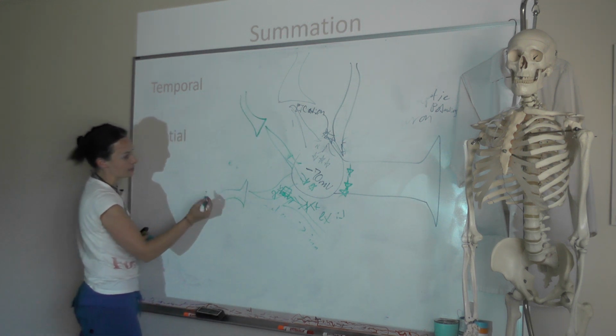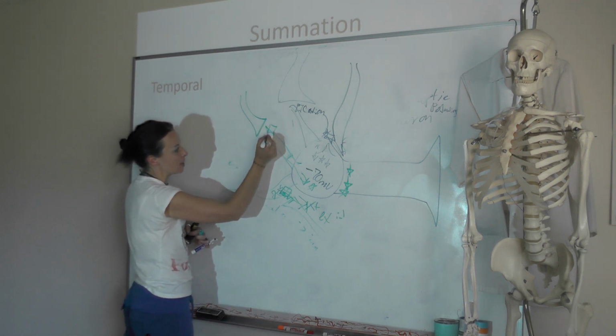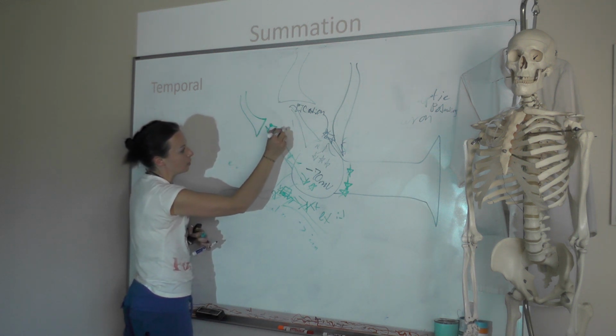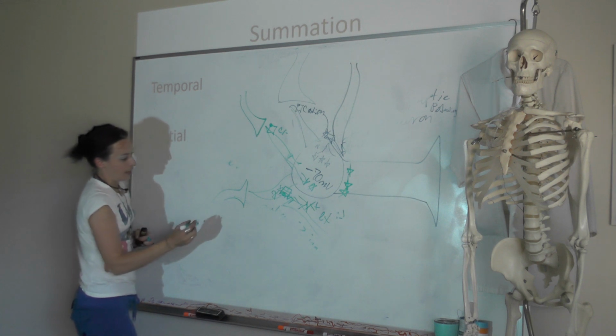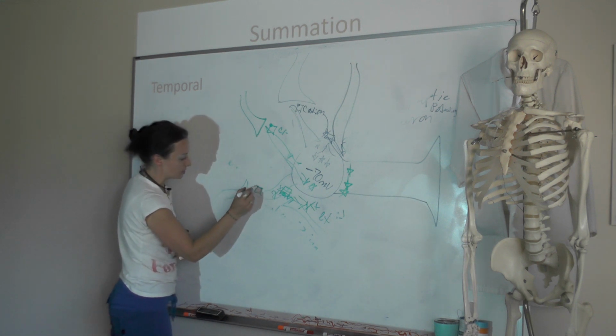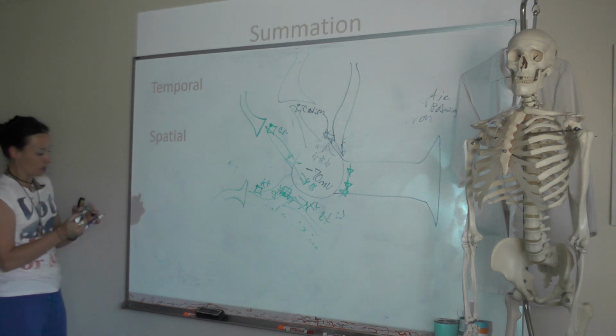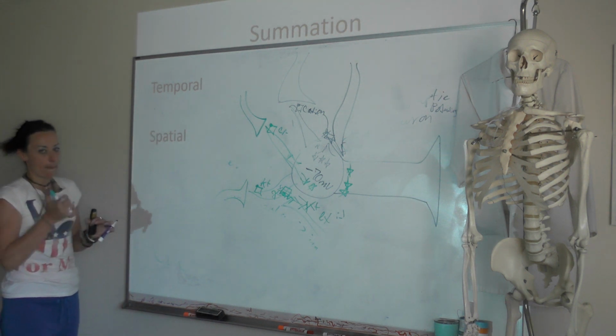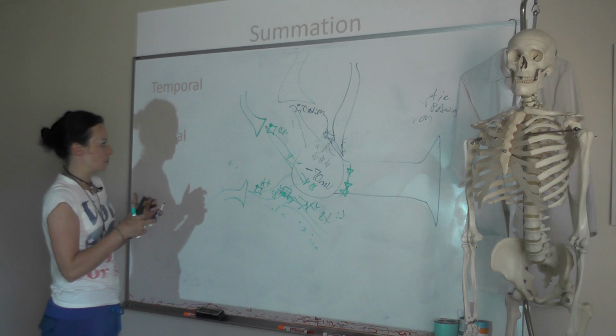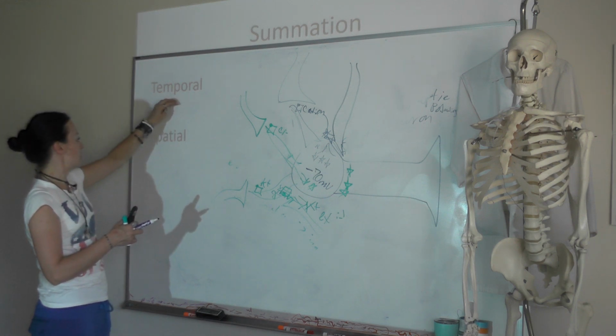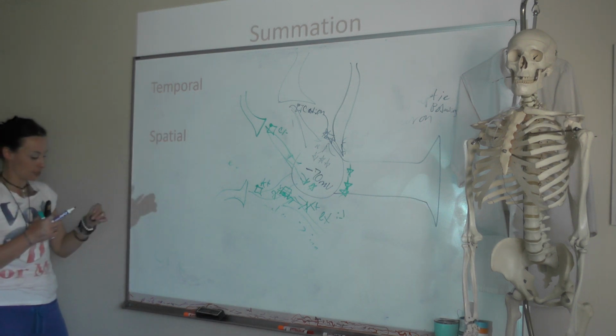This synapse is inhibitory because the receptor right here is going to open a chloride ion channel. And this one is inhibitory because the receptor right here is going to open a potassium ion channel. So what I'm summing up are postsynaptic potentials, and I can sum those up in time, or I can sum those up in space.